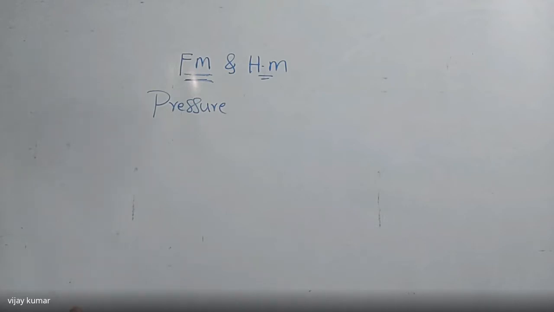When the fluid is under rest condition or under motion, whatever the condition, we are going to calculate its pressure. And the second one we are going to calculate, please take care about that one.